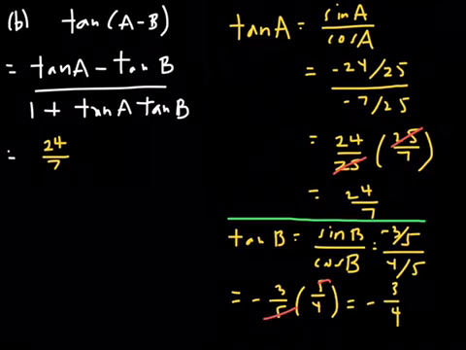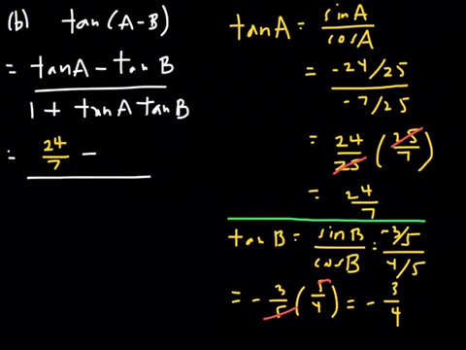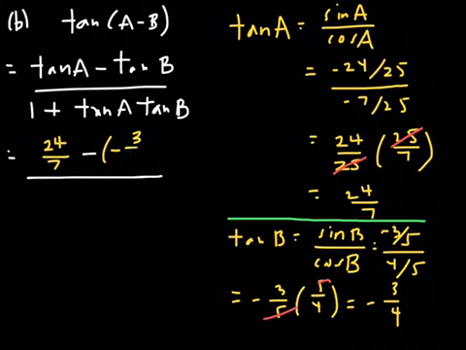So I'm going to take this number and plug it into my expression over here for tangent of B. All right, so 24/7 minus, and we just found this number, tangent of B, to be negative 3/4. Like that. Okay? All right, cool deal, everybody. Let's continue with our expression.